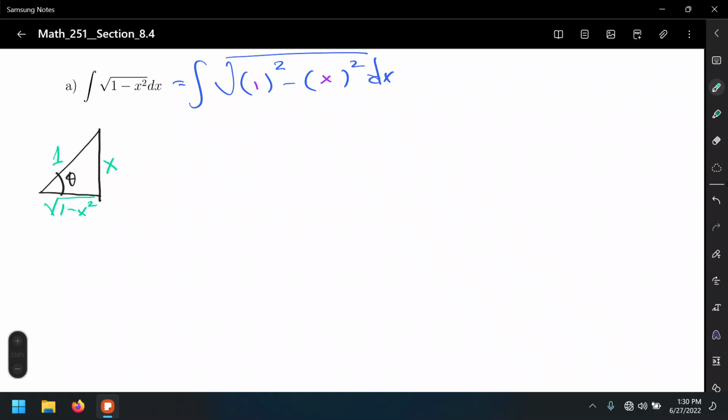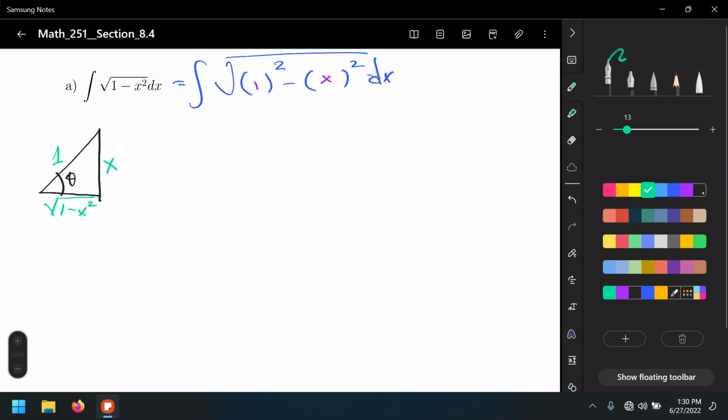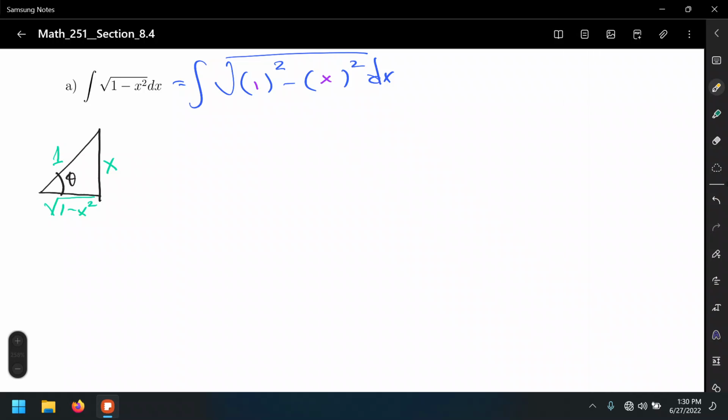On the one hand, let me write two quantities here. I'm going to write a quotient that involves the radical.